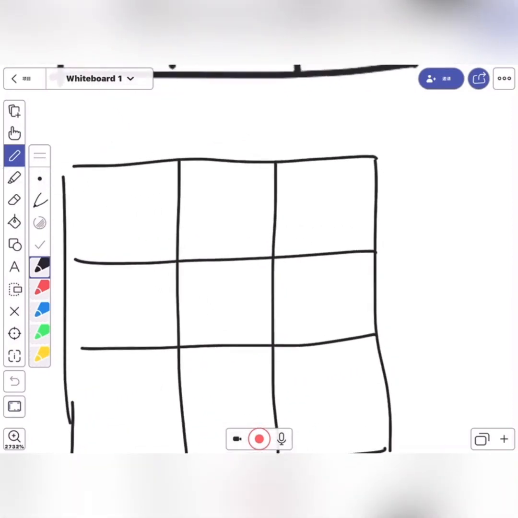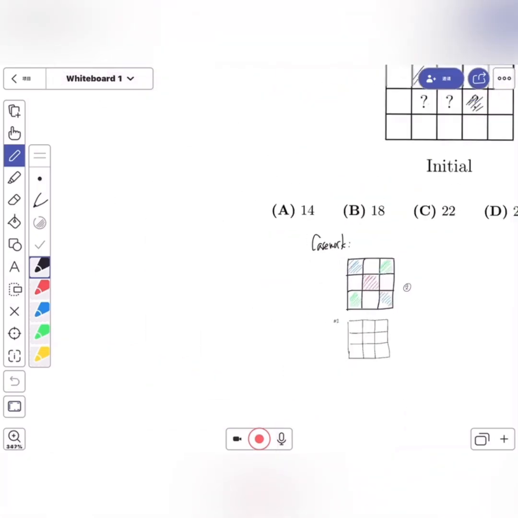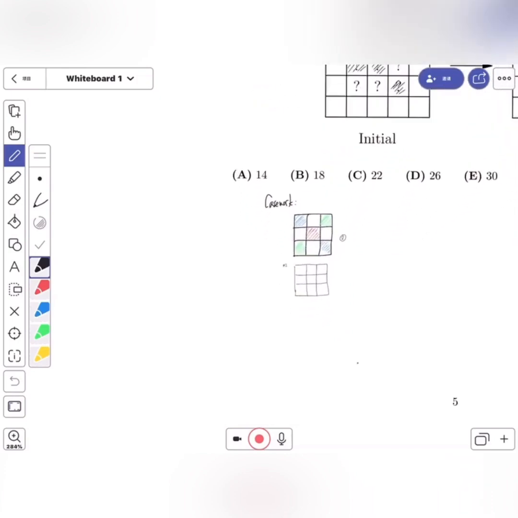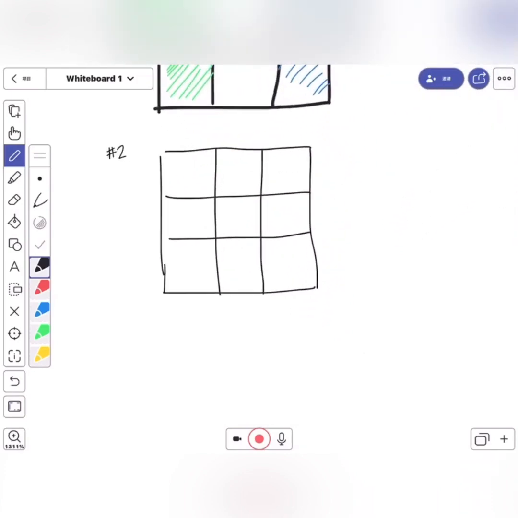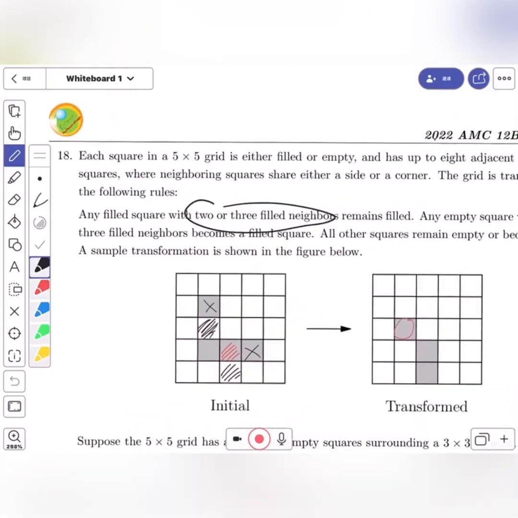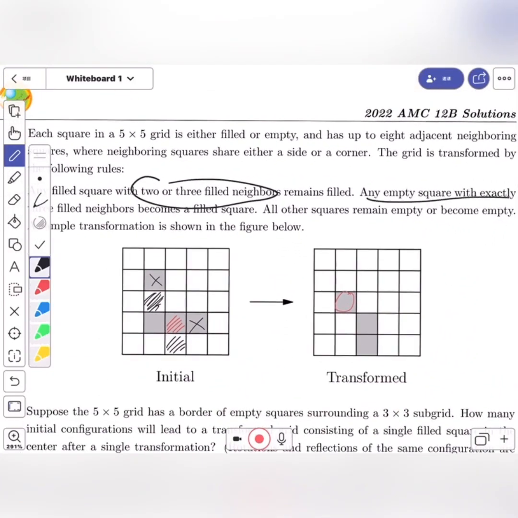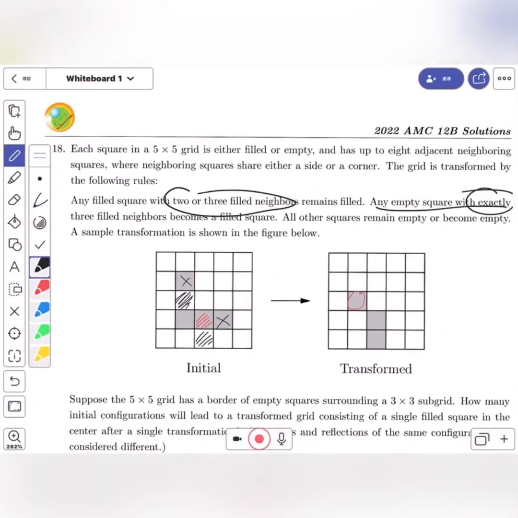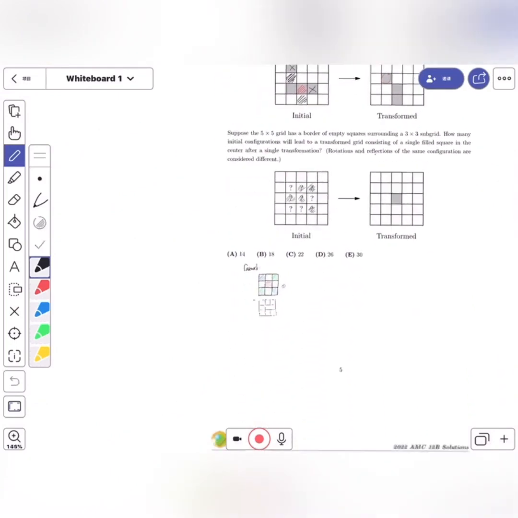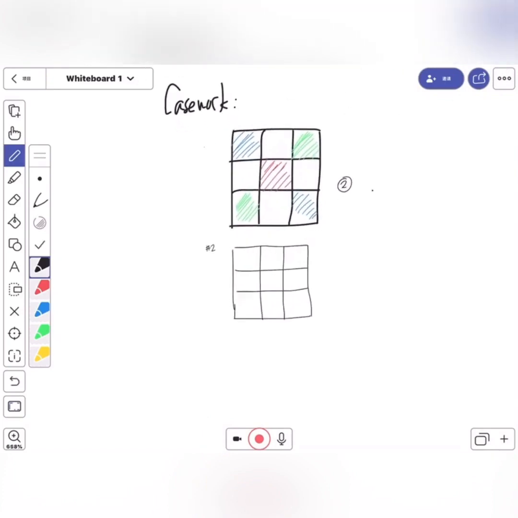So therefore, we must strictly have 3 squares that are on the border, or out of these, there must be 3 of them that are shaded, because recalling the rule that any empty square with exactly 3 filled neighbors becomes a filled square. So therefore, we know that there must be 3 surroundings.